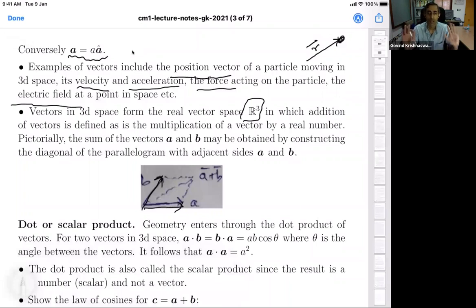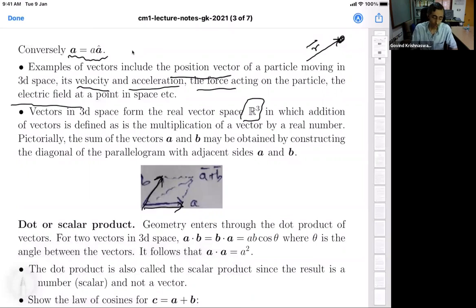So this is the definition of what we mean by the sum of two vectors. The sum of two vectors is evidently in the plane spanned by the two vectors. In this case, it is just the plane of the paper. So that is one operation we have, the sum of two vectors.